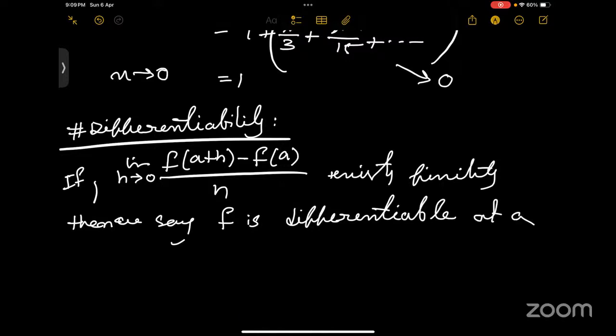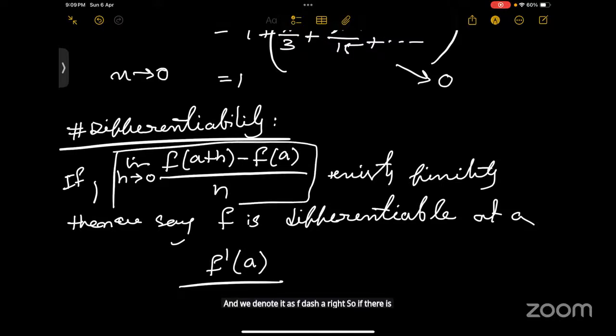And we denote it as f dash a, right? So f dash a is basically equal to this thing.